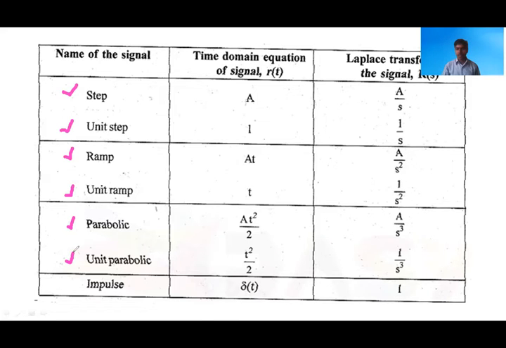Then its Laplace transform is 1 by s cube. For the impulse signal, the expression is delta of t and its Laplace transform is 1. If it is a general impulse, the magnitude is A into delta t. When the unit impulse is there, then the amplitude is 1. These are the different test signals with their Laplace transforms.